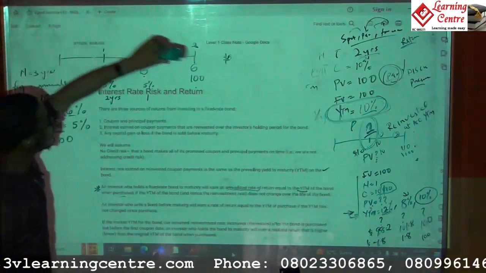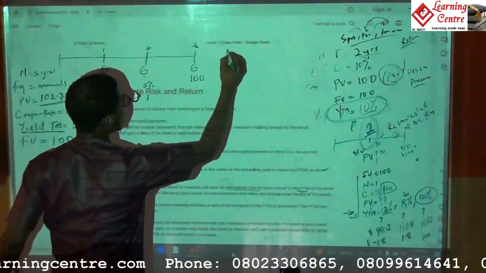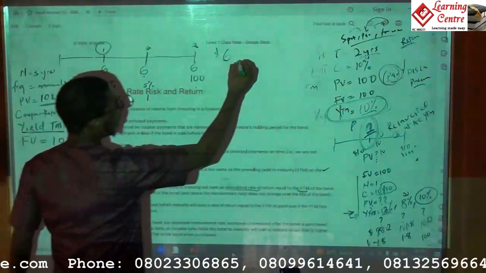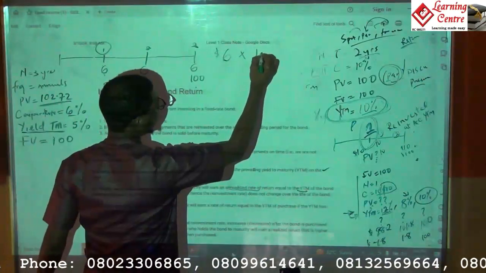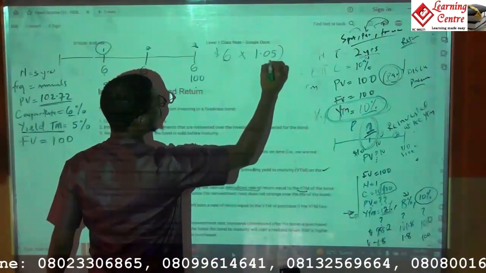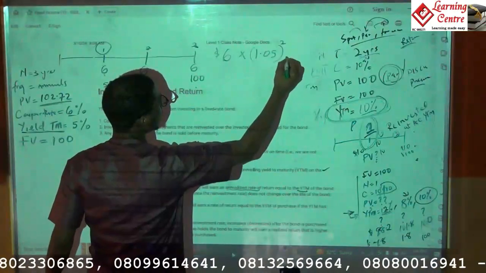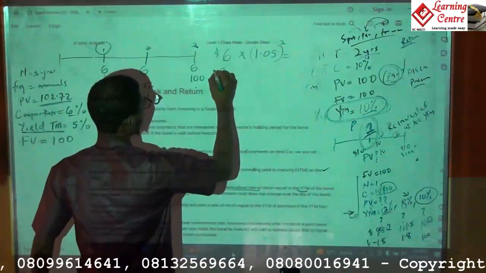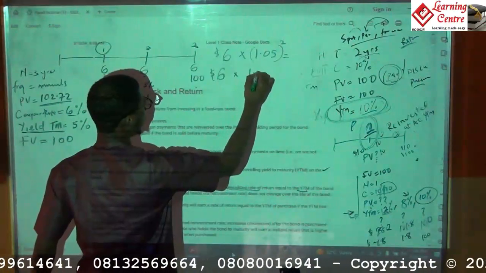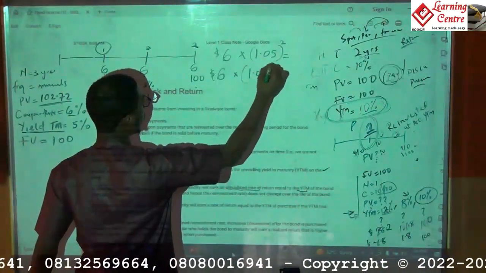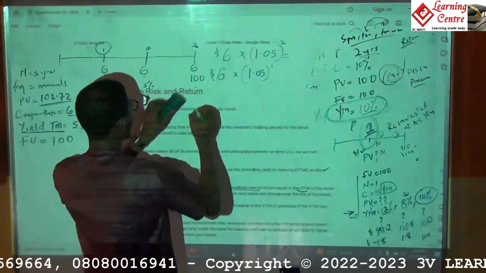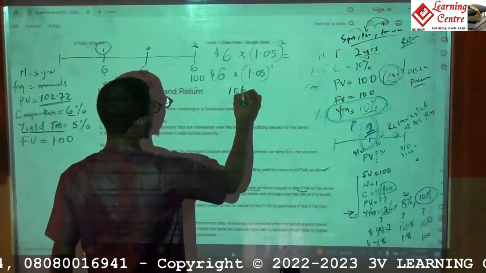So take the $6 that we had at the end of year 1, invest it at 5% for 2 years. The second $6, invest it at 5% for 1 year, and you earn the final 106.